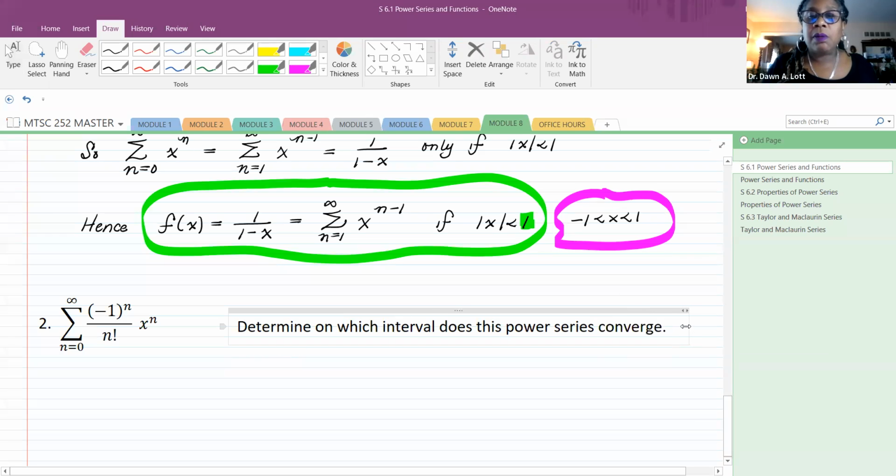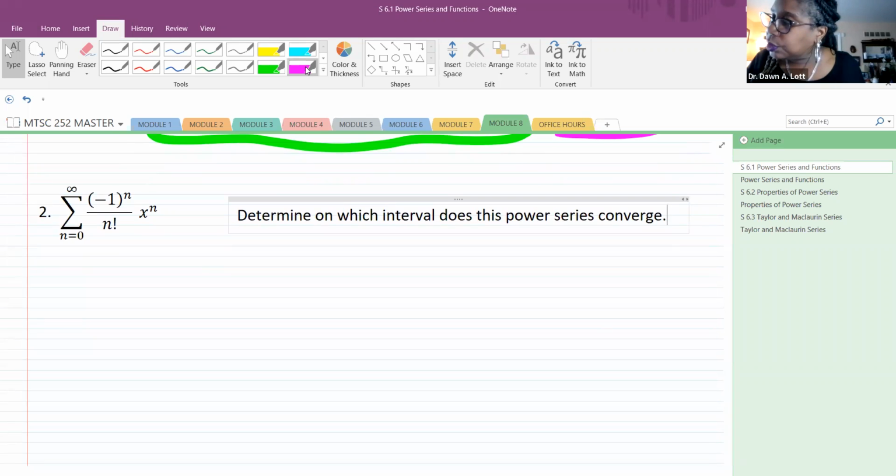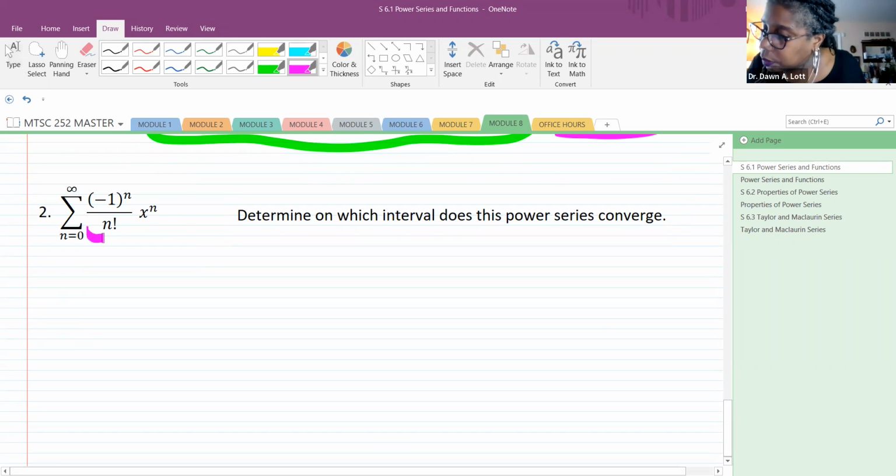All right, so when we check to see whether series converge or not, we use certain tests. So I'm going to give you a hint here. My a_n is (-1)^n times x^n over n factorial.